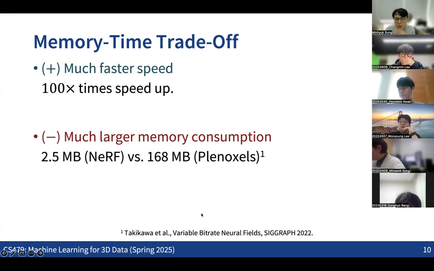So we are seeing a trade-off between computation time, the training time, and the memory. As we want to make it fast to train, we need a larger amount of memory, right?